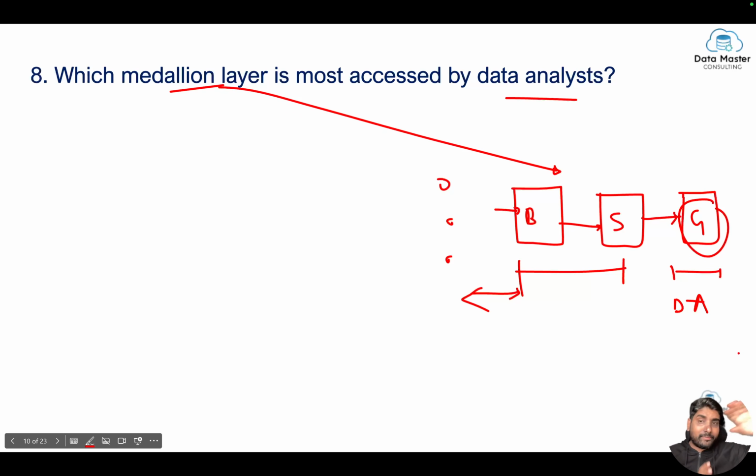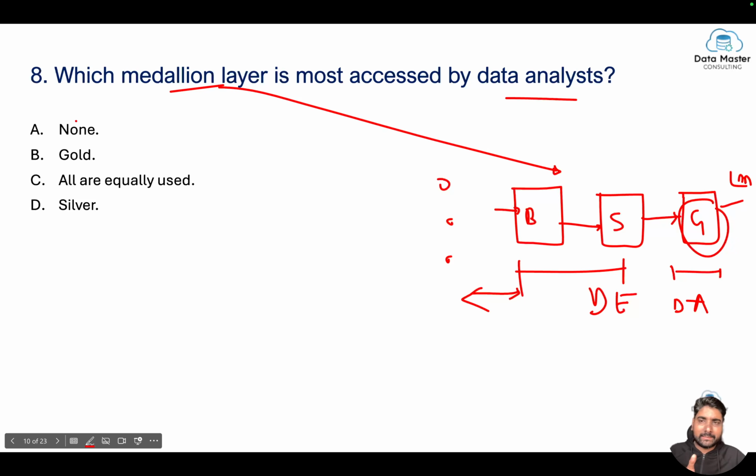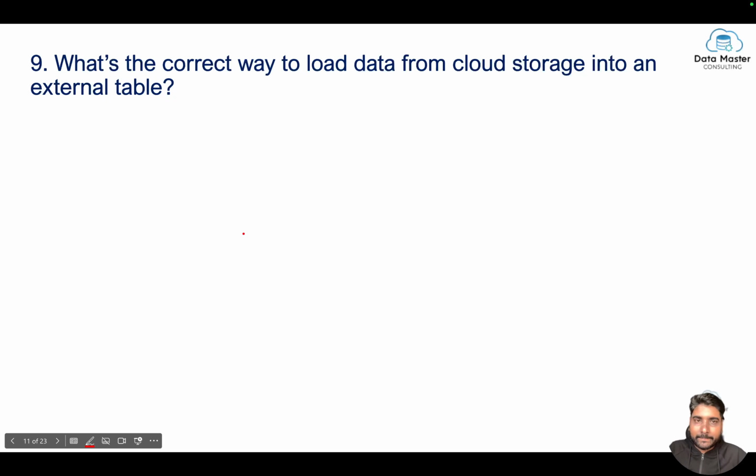After this, if they are building reports and dashboards, that is where business intelligence people work. So this is data engineers, this is data analytics, and after this, reports or dashboards are where business intelligence people work. So yes, the equation is simple here. When it's a medallion architecture and when it's data analytics, the only layer they are working on is the gold layer. So let us proceed.